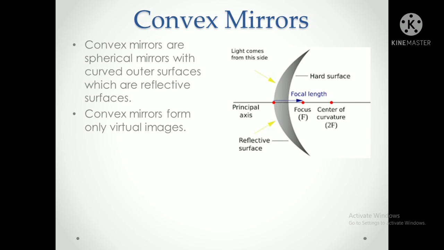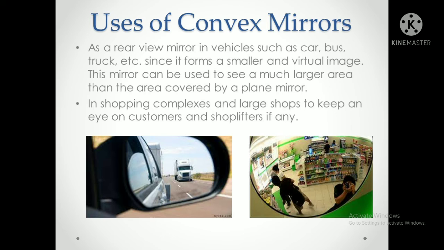Now let's see the uses here. The use is as a rear view mirror in vehicles such as cars. In the rear view mirror, the image looks very small and virtual. So cars, buses, whatever is behind you, you can see. This mirror can be used to see a very large area in a very small place.